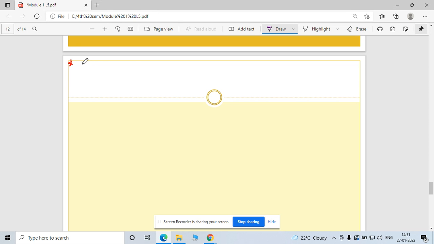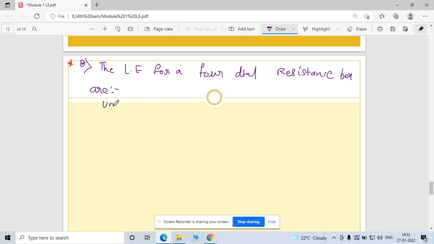One more question here. The limiting error for a 4 dial resistance box R. There is a digital box given to you, with the probable error at different places: for the unit place, the probable error is plus minus 0.2 percent. For the 10th place, it is plus minus 0.1%.